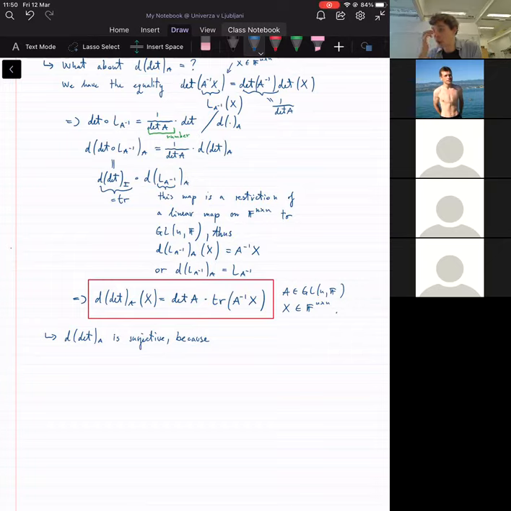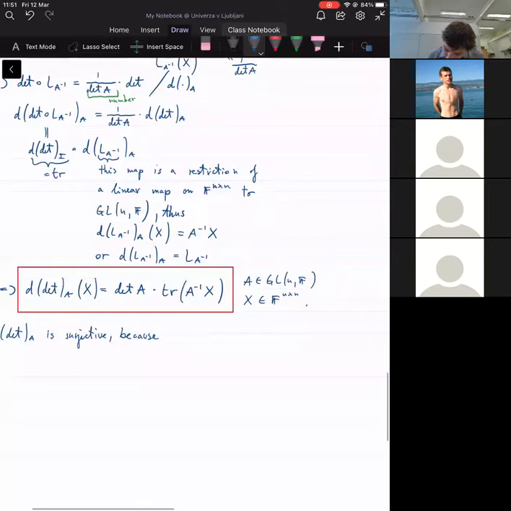But why is this map surjective? Well, if we want to get some number from it, then we just plug in x as A times the identity times a scalar, and that scalar must be the number we want to get divided by n. Exactly. So I'm just going to write, because trace is surjective.